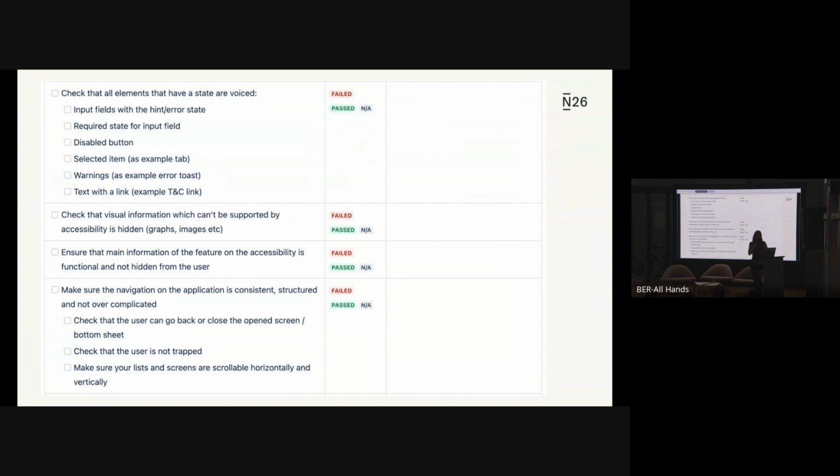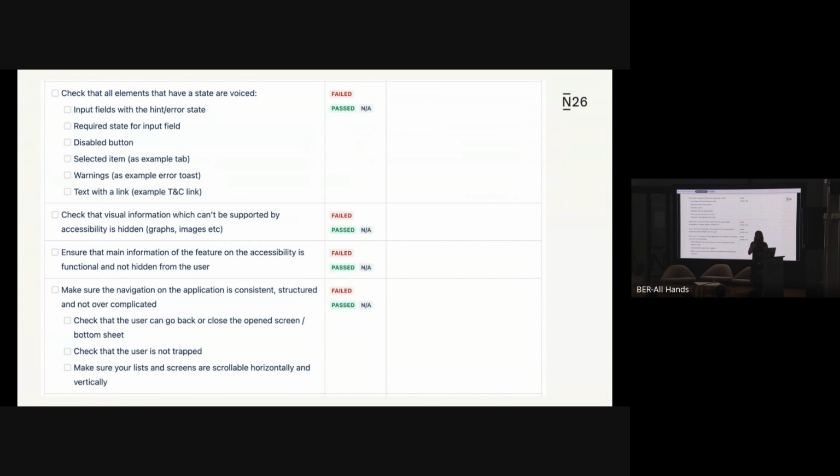So we are testing elements that have a state. We are testing buttons, warnings, and links. Again, the point about hiding elements, we are discussing if there is something on the screen that the voiceover user should not see, that should not be read out.